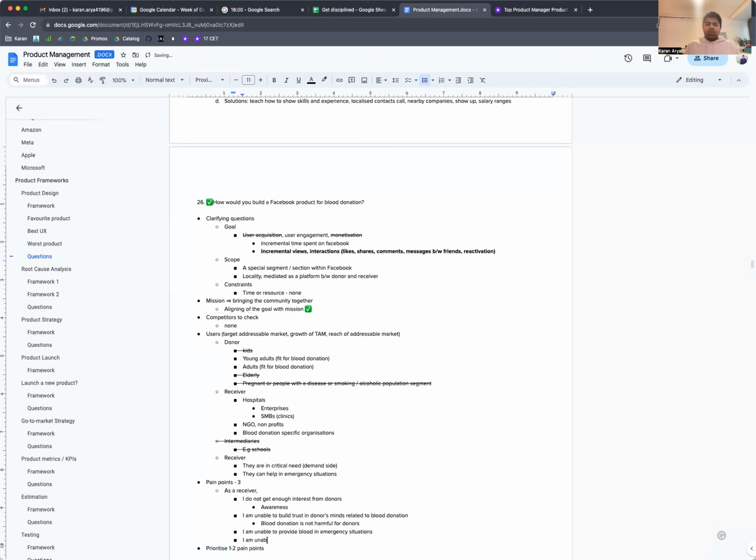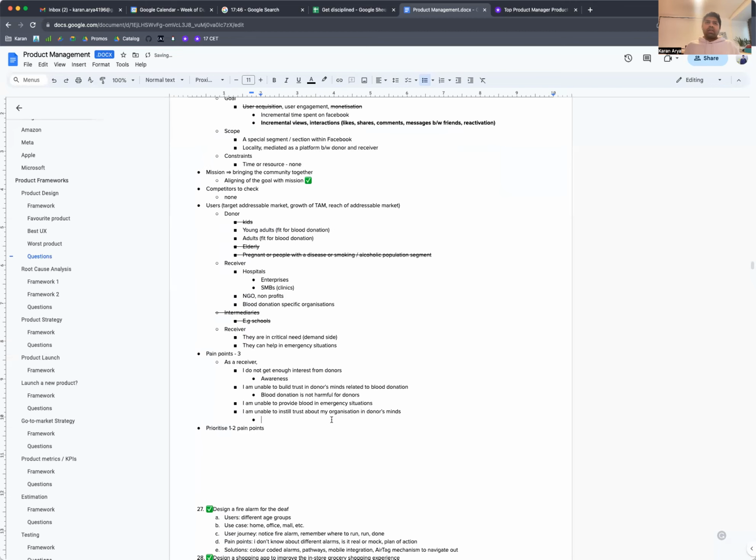Another pain point could be I'm unable to instill trust about my organization in donors' minds. Maybe the donor has hesitation about the organization itself. So we need to make sure that the organization is big or verified, and this problem would more or less be important when it comes to small and medium clinics or hospitals or even NGOs, so non-profits.